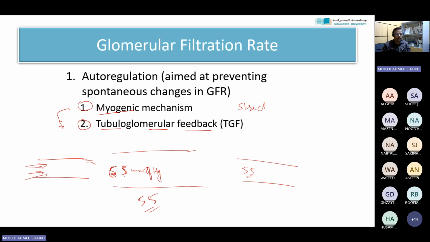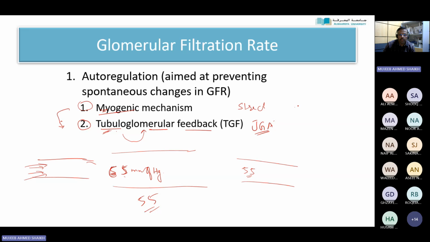Autoregulation by myogenic mechanism. What is the tubuloglomerular feedback mechanism? The juxtaglomerular apparatus secretes renin, and this is due to the juxtaglomerular apparatus. As the name suggests, there is some communication occurring between the tubule and the glomerulus.